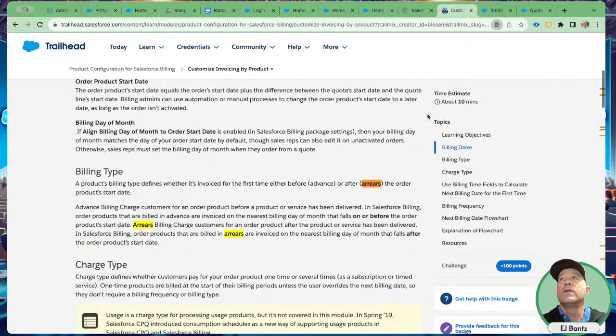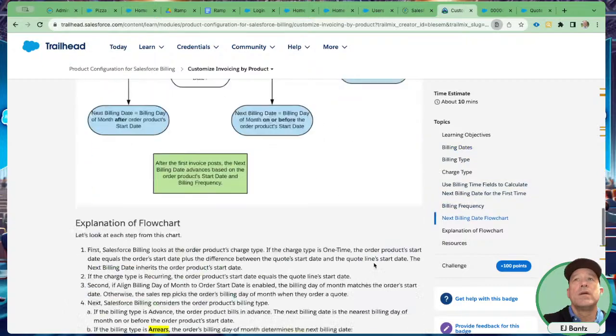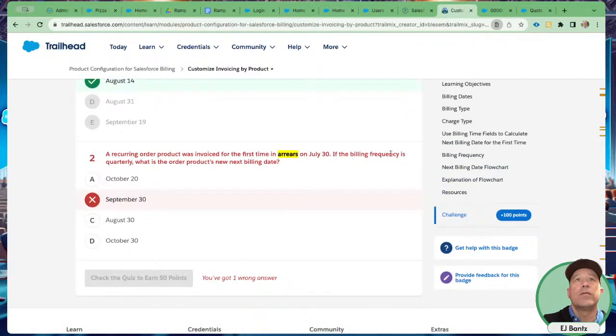Arrears, after. So you're billed after the start date. The billing frequency is quarterly.